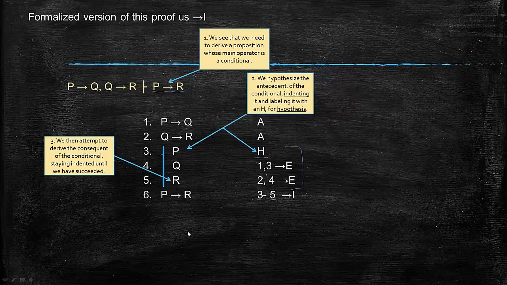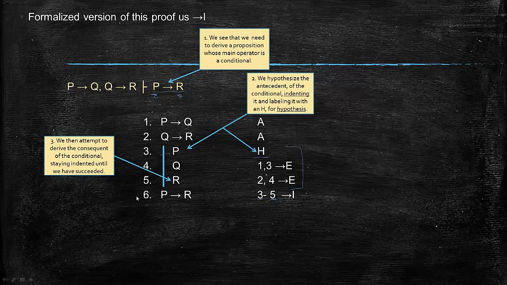So then we try to get whatever it is we need, which is always the consequent, right? And this is just using all of the rules that we know how to use. And here it only took 2 steps, but it may take 20 steps. Then that will just lengthen the conditional introduction part of this proof. But we attempt to derive the consequent, having hypothesized the antecedent, and here, of course, we have succeeded.